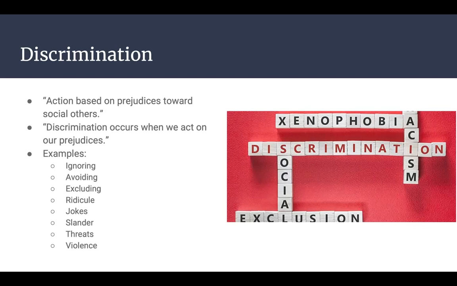Discrimination occurs when we act on our prejudices. We have this preconceived notion, which is a prejudice, but when we take action, we do something about it, it becomes part of life, not just a thought. That's discrimination. Some examples would be ignoring people, avoiding them, excluding, ridicule, making jokes, slander, threats, and the worst is violence.